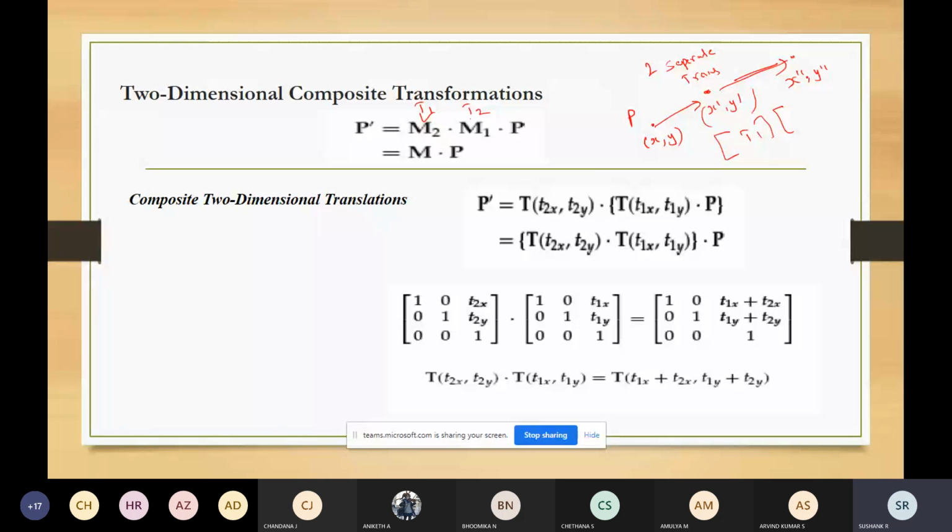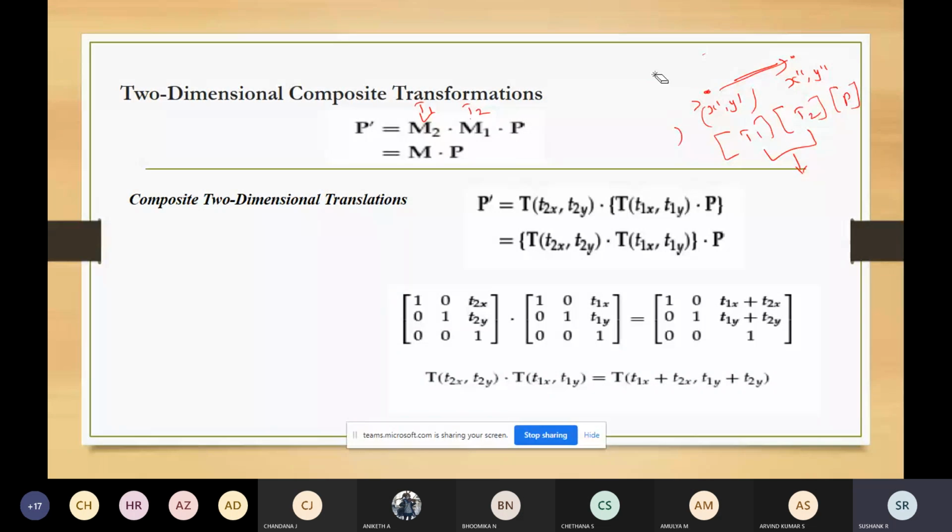So instead of applying individual transformations on the initial point, you can multiply these transformation matrices and then apply the operation on the initial point. Are you getting this? Did you understand?